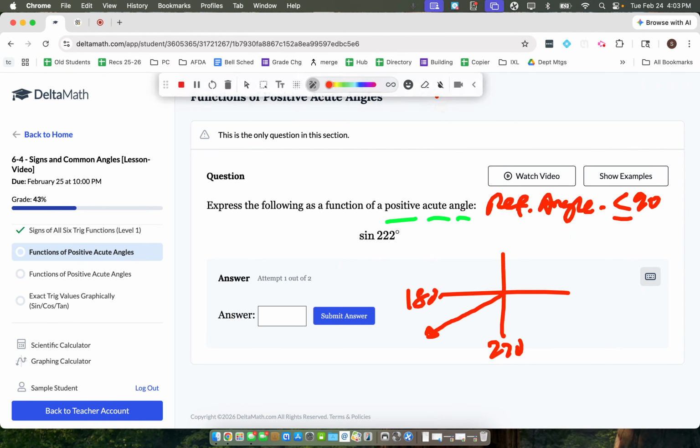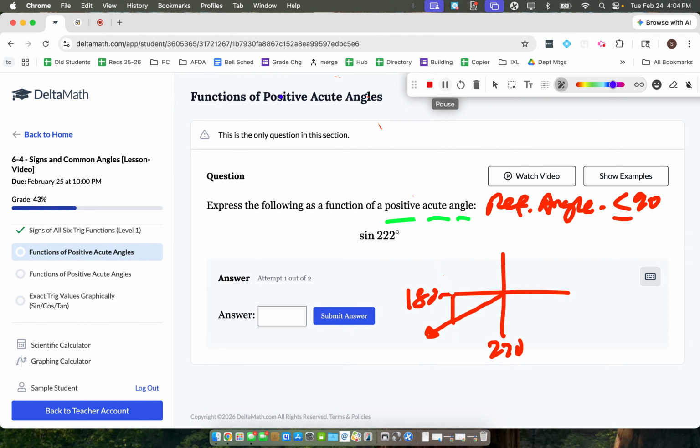Sine of this angle is going to be a ratio of opposite of this angle to the hypotenuse. But this angle right here, what is that angle? Well, this was 222.